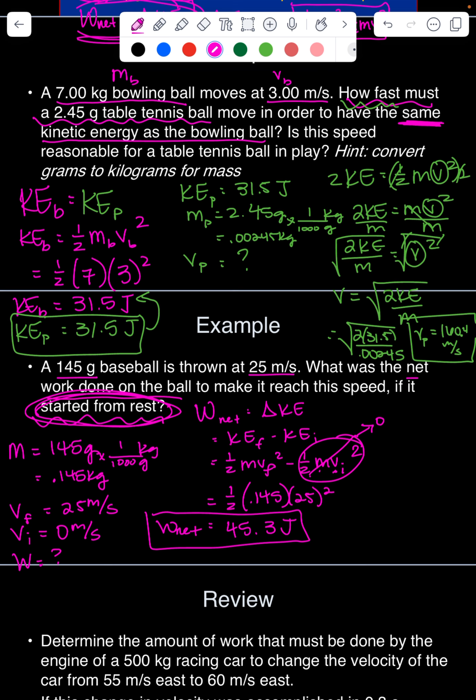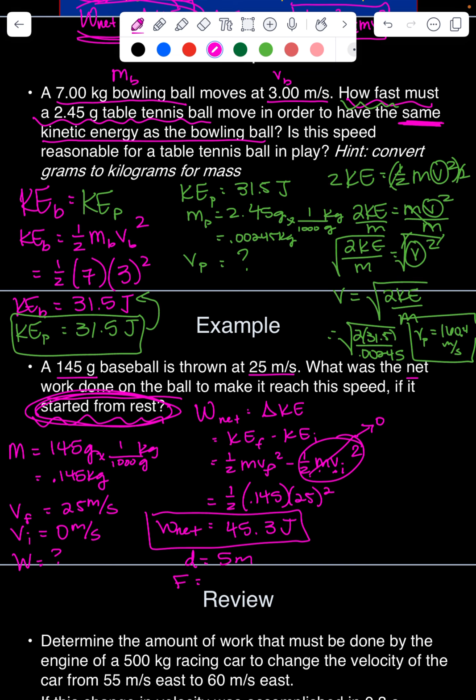All right, so what if I told you that this ball traveled a distance of 5 meters? And I wanted to know how much force was exerted to make it start moving or to make it speed up.